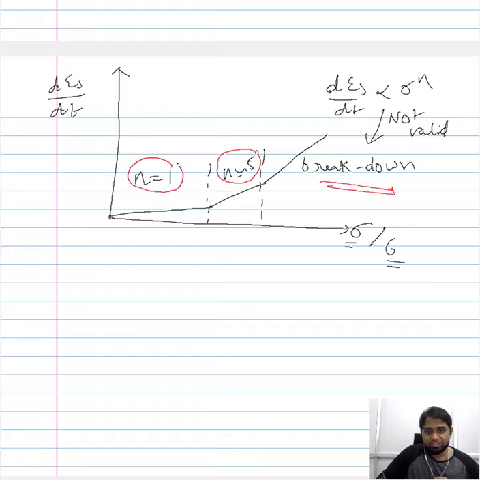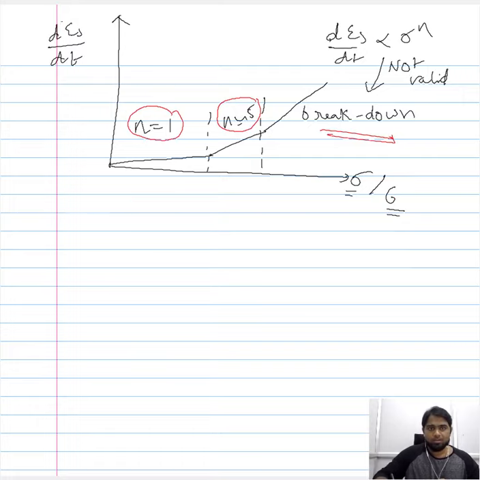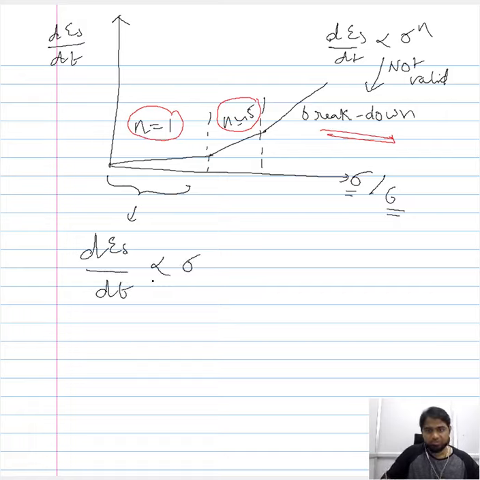In the initial stages, when the stress is comparatively low, then within the dislocation creep mechanism, when the amount of stress is relatively low, the n is equal to 1. So that means in this region, when n is equal to 1, the strain rate, the creep rate, is proportional to the stress, and this is often referred to as the Harper-Dorn creep.